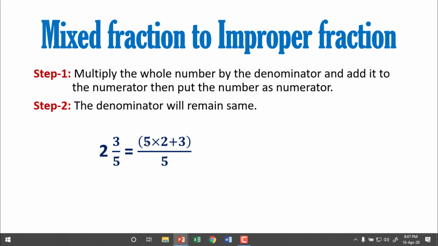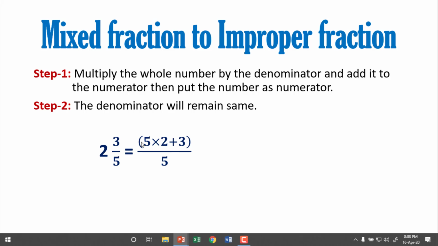So see, 5 multiplied by 2. Then add it to the numerator. The numerator is 3. The denominator will remain the same, as 5 is the denominator, so it will remain the same.